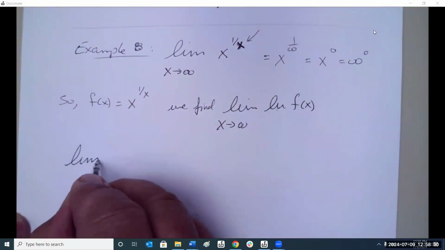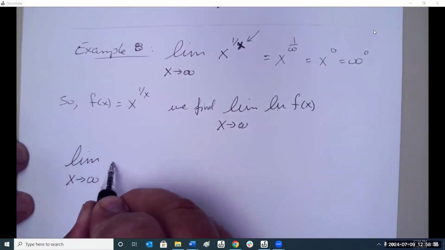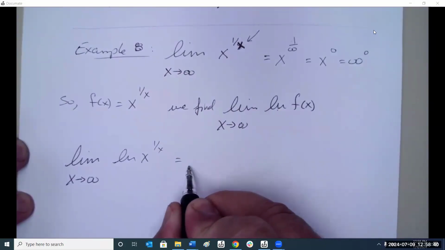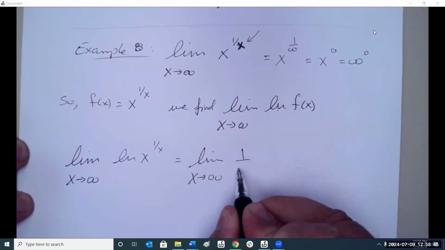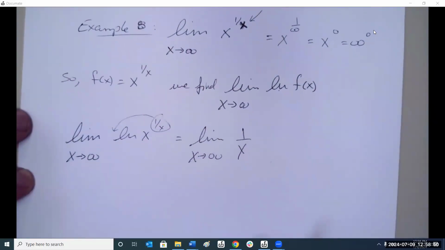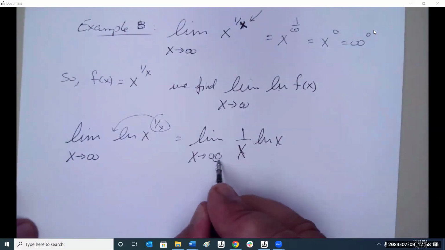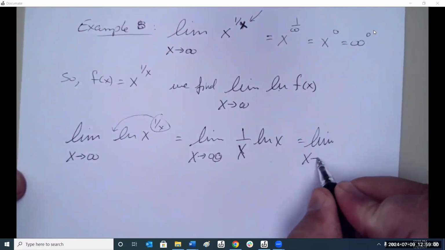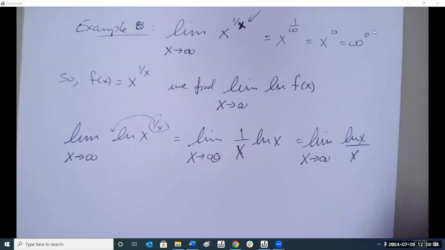So what we have here is the limit as x goes to infinity of ln of x to the power 1 over x, which gives us the limit as x goes to infinity of 1 over x ln x, which is the limit as x goes to infinity of ln x over x.